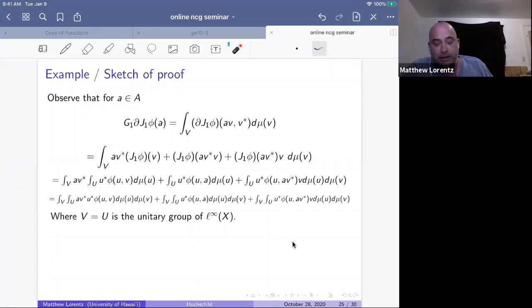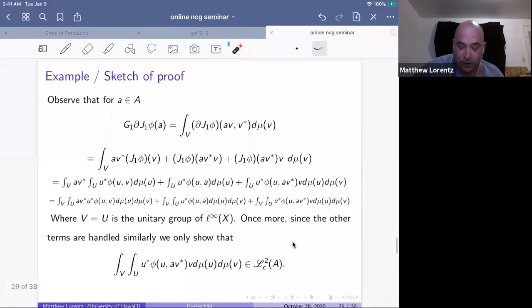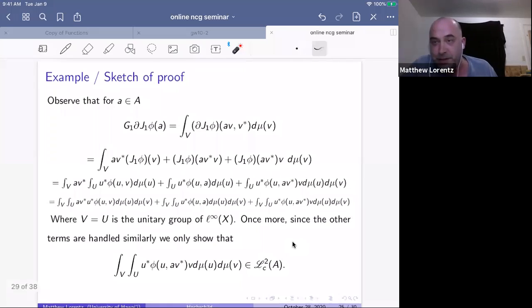So as long as we're only applying a finite number of boundary maps, we're going to have a finite number of terms. So we can do this as we go into bigger dimensions. So again, since all of the terms in this sum are handled similarly, we're just going to look at this operator here and show that this one ends up in the uniform Roe algebra.